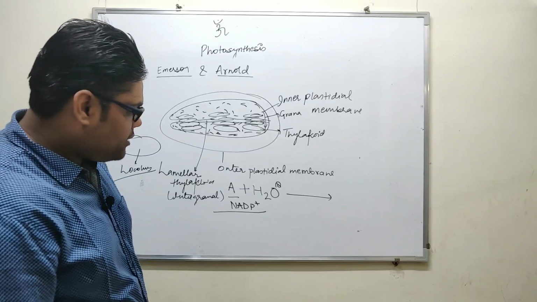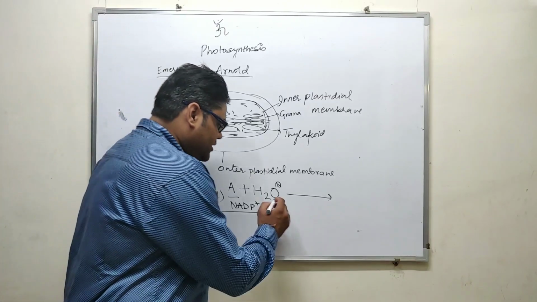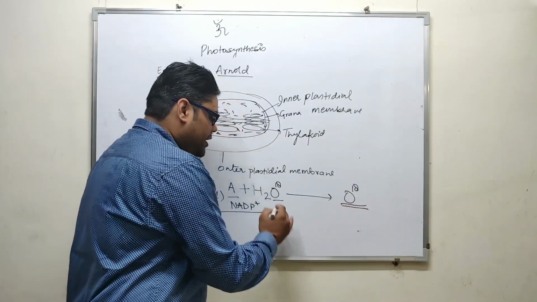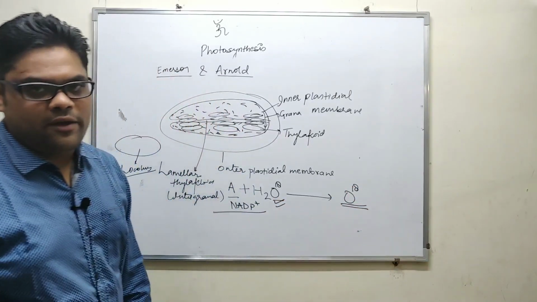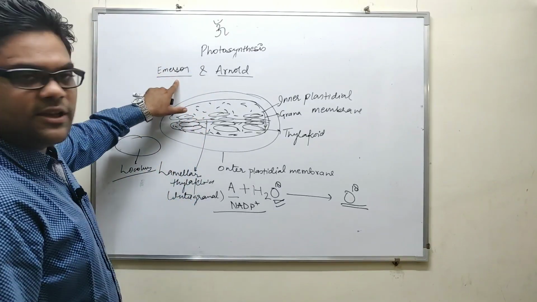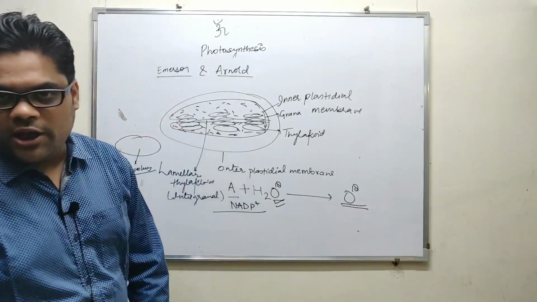What did Ruben and Kamen discover? They discovered that this oxygen is liberated in the form of oxygen gas, using a non-radioactive, heavy isotope of oxygen. So we have discussed Emerson and Arnold, Ruben and Kamen, and Vishniac and Ochoa.